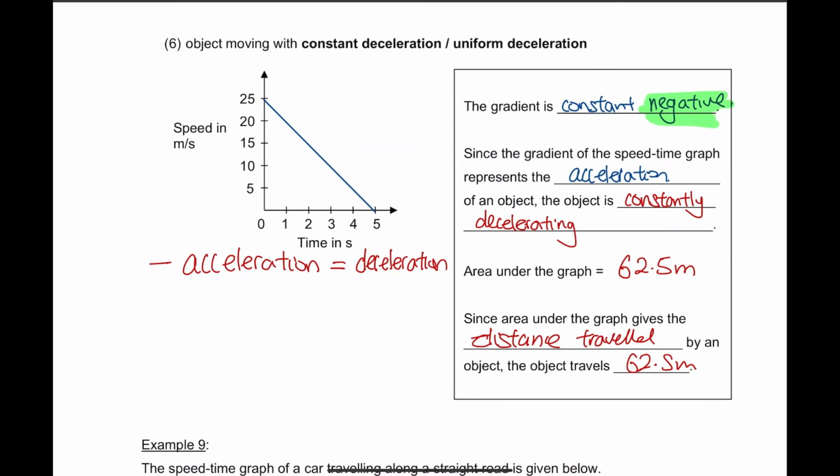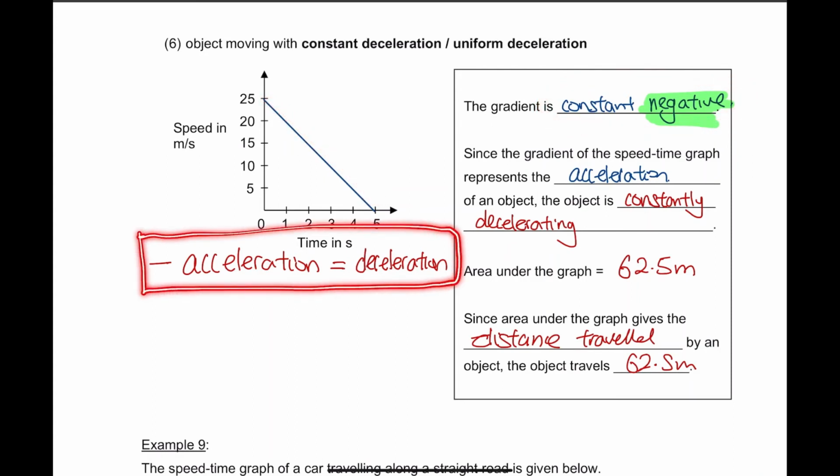Constant deceleration, this is one whereby I press the brakes of my car. When I press the brakes of my car, the speed gets slower and slower and slower. So the gradient is a constant negative value. It's going downwards. If it's going downwards, it means that the acceleration value is a negative value. And we have learned that negative acceleration is equal to deceleration.